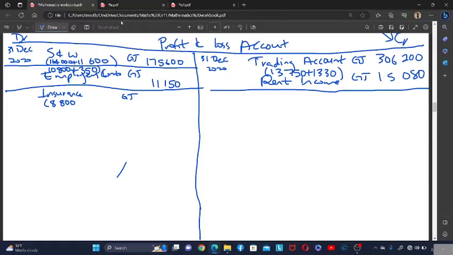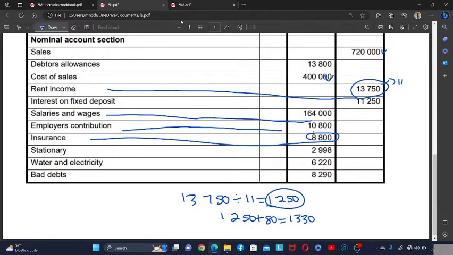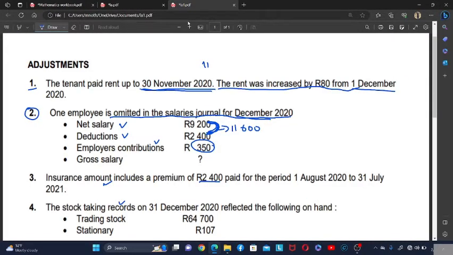They are told that the insurance amount includes 2,400, paid for the period of 1 August 2020 to 31 July 2021.